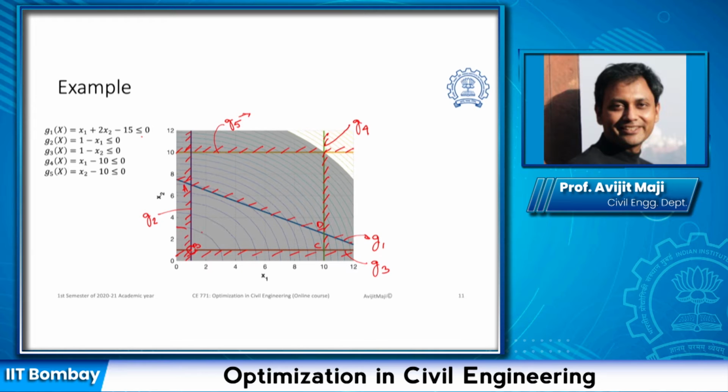So this is my minimum point, and this is lying on two of the constraints, which are g2 and g3. So at this point my active constraints are g2 and g3.